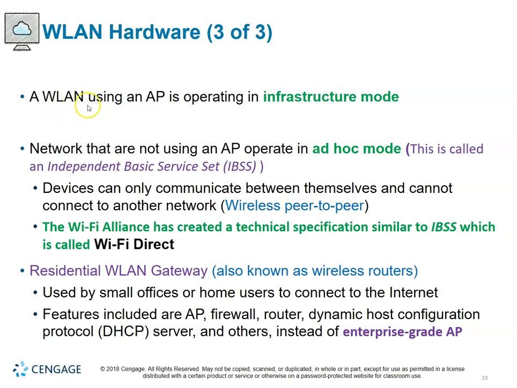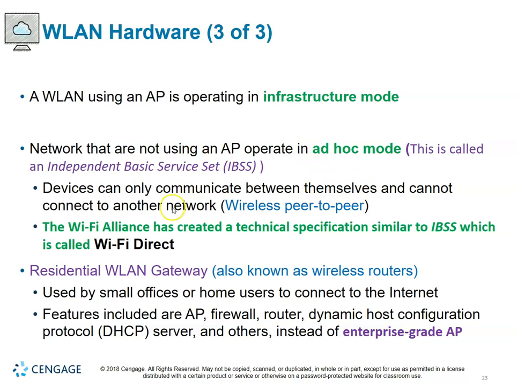So a wireless local area network using an access point is operating in what's called infrastructure mode. And networks that are not using an access point operate in what's called ad hoc mode. This is called an IBSS, or Independent Basic Service Set. So this is an interesting situation because with ad hoc mode, devices can only communicate between themselves and can't get outside the network.